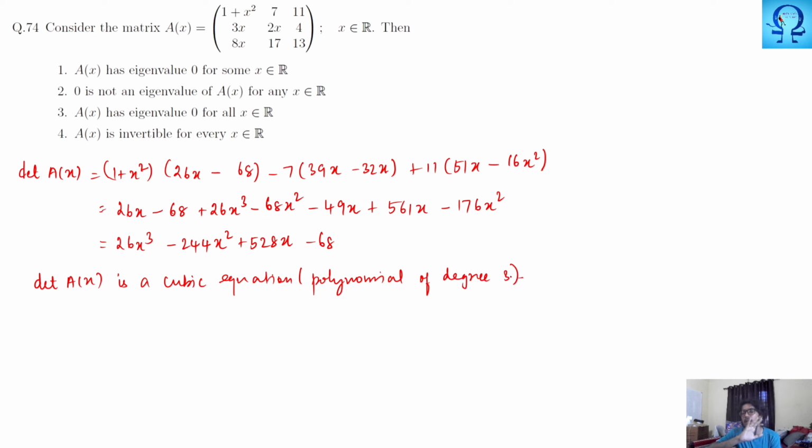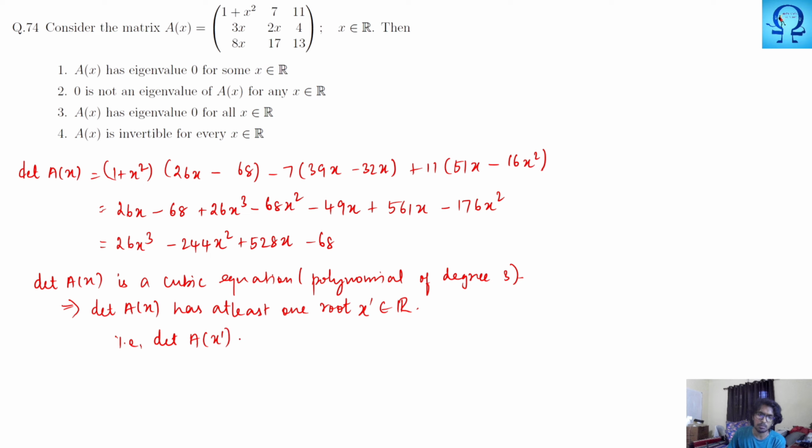So it is basically a polynomial of odd degree, which ensures the determinant of A of x has at least one root x in R. Let me call that root x prime. That is, determinant of A of x prime is 0.